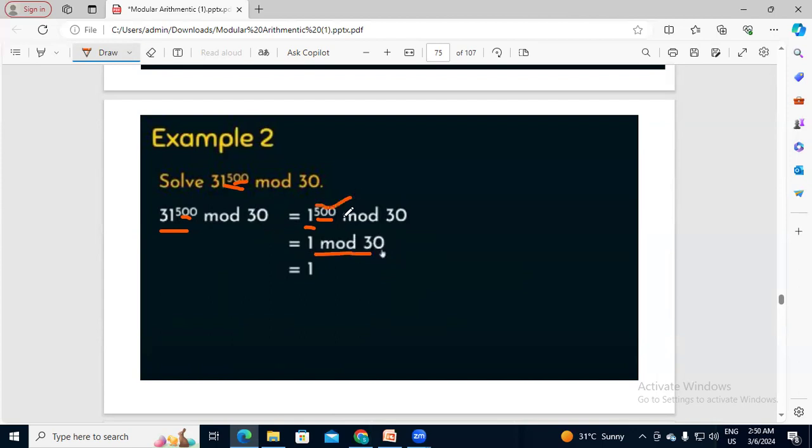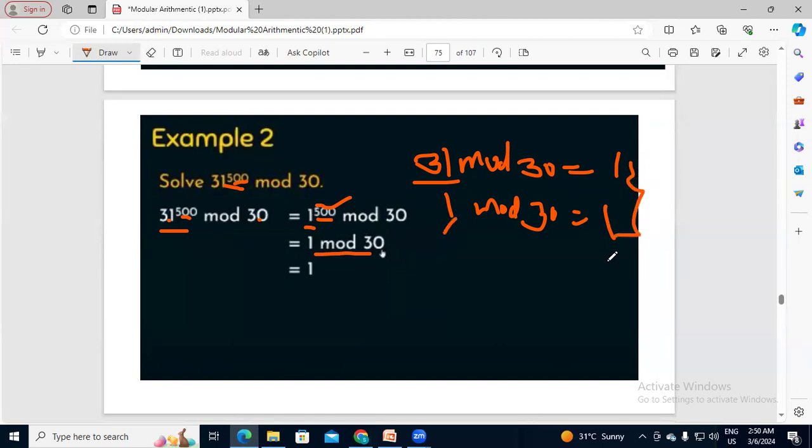Don't go with this power. 31 mod 30 will be 1, and 1 mod 30 will also be 1. So we can replace 31 with 1 because the results are the same. They are congruent to each other. And 1 to the power anything will be 1.